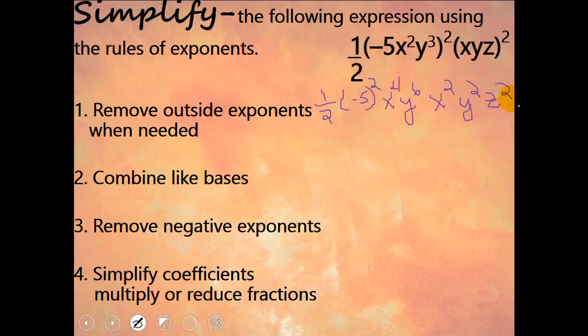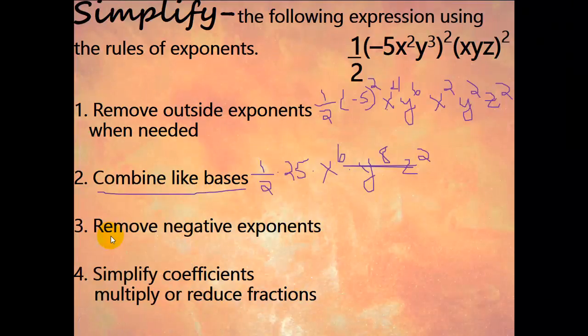Now I'm going to combine those like bases. Notice that I have an x to the 4th and an x squared. So I have 1/2. I'm just going to make that a times 25 times x to the 6th times y to the 6th times y squared, that's y to the 8th, times z squared.